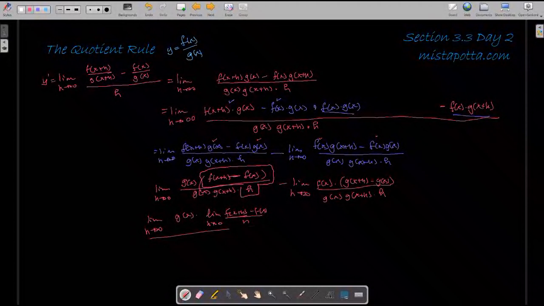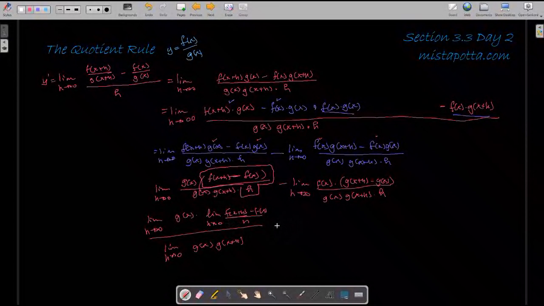And all of this is being divided by the limit as h approaches 0 of g of x times g of x plus h. I'm using that the limit of a fraction is the limit of the numerator divided by the limit of the denominator, and the limit of a product is the limit of the first term times the limit of the second term.